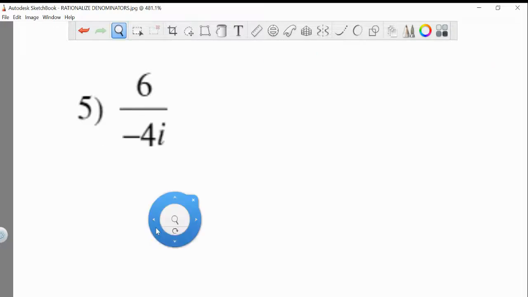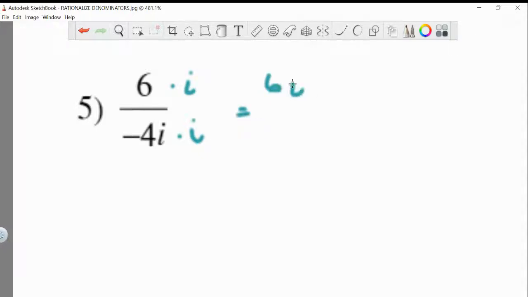We could do another question. Let's do one more really quickly. Like number 5, times i. We're going to multiply this. We're going to get 6i divided by -4i squared. We're going to take the i squared, turn it into -1. This one's actually nice because we already have a negative here. And so we're going to have a -4 that gets its sign flipped.